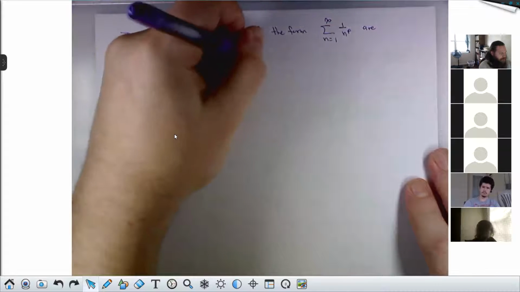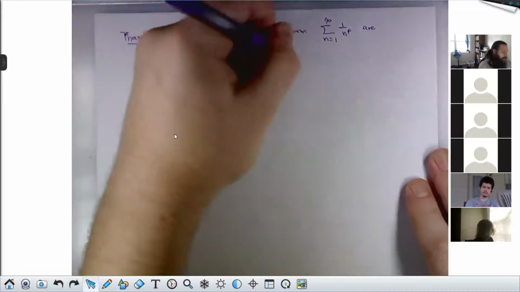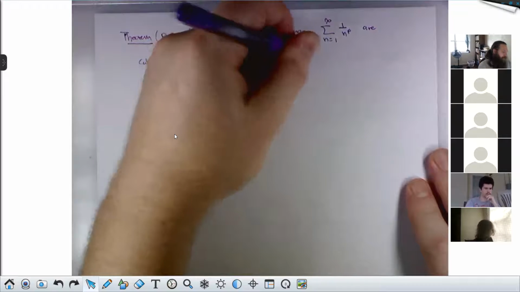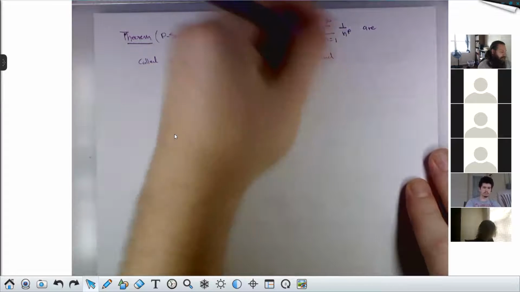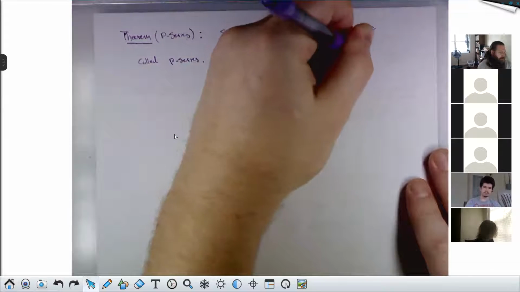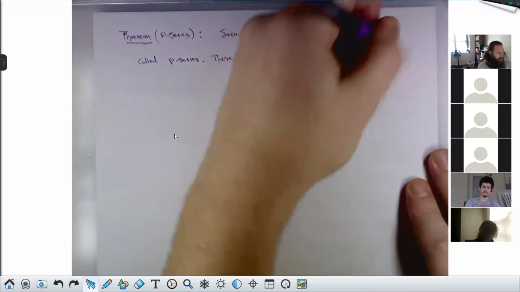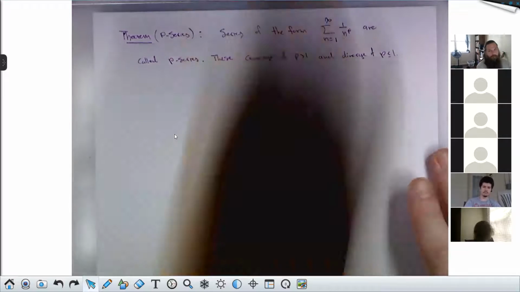These converge if p is strictly bigger than 1 and diverge if p is less than or equal to 1.